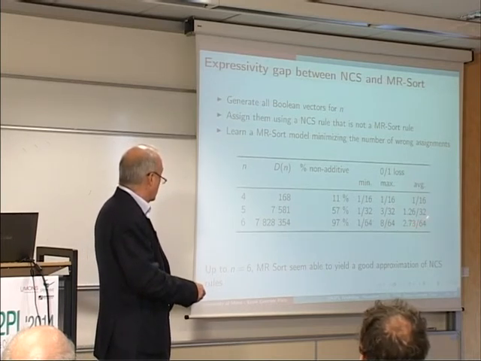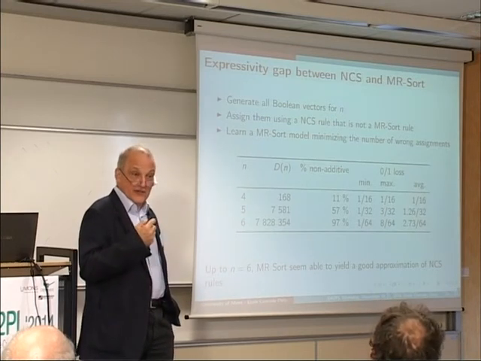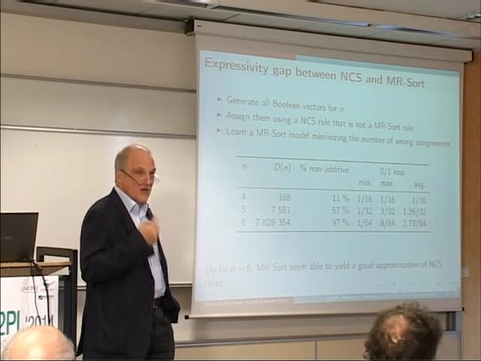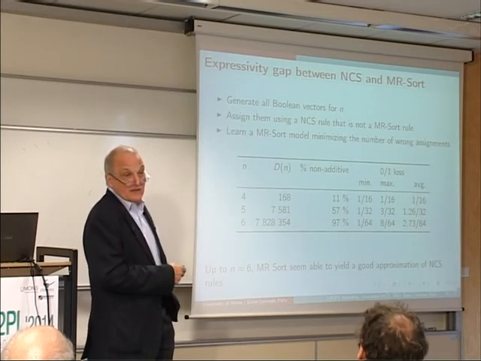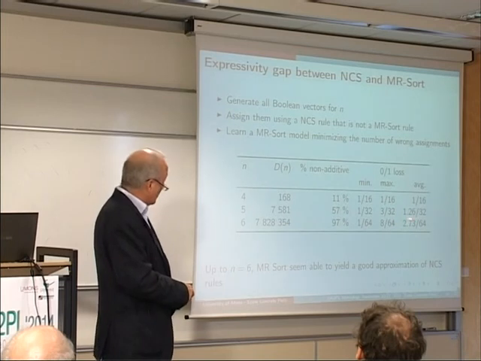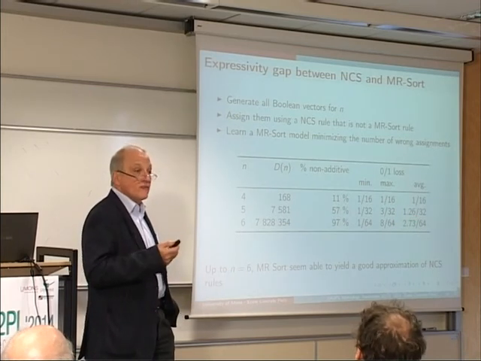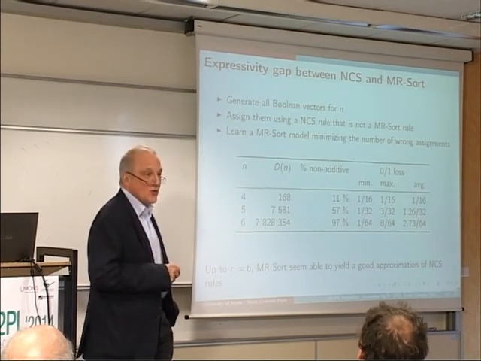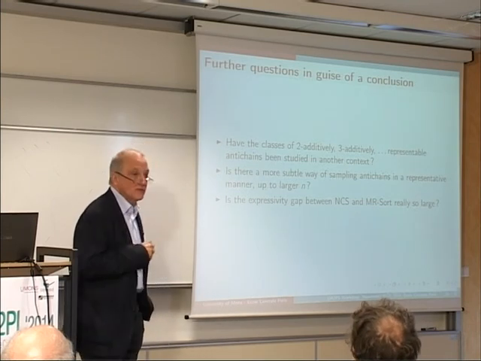So on average, for n equal to 6, when the true rule is not a 1 additive one, you can represent most of the vectors, except for 3/64, by a linear rule. So maybe the gap is not so big if you consider approximations. So thank you.